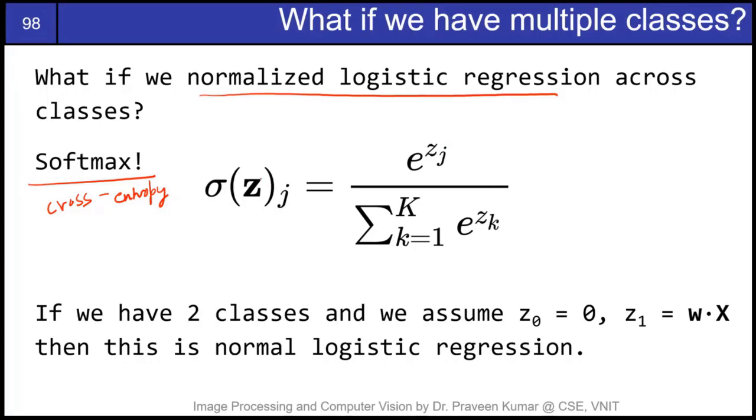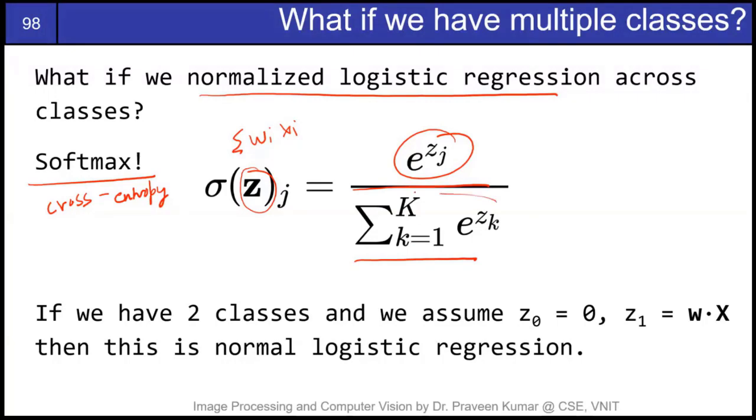So this is your net input to the model. Z is basically the summation of wixi. This softmax classification function takes the score for each class, and in the denominator it is summing over all classes.